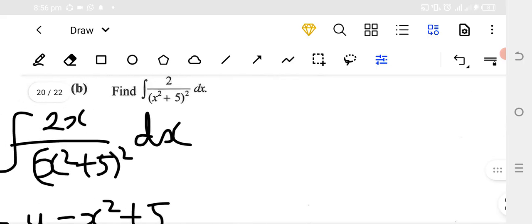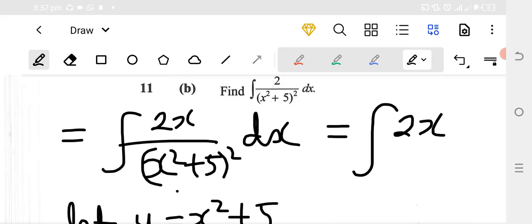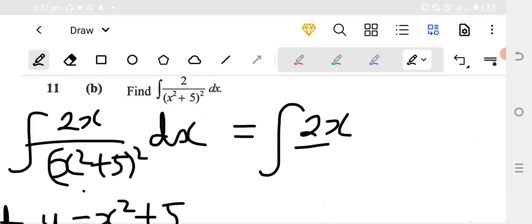So using the u substitution, you would say it is equal to the integral of 2x, you divide by, instead of writing x squared plus 5, you're going to write u to the power 2.